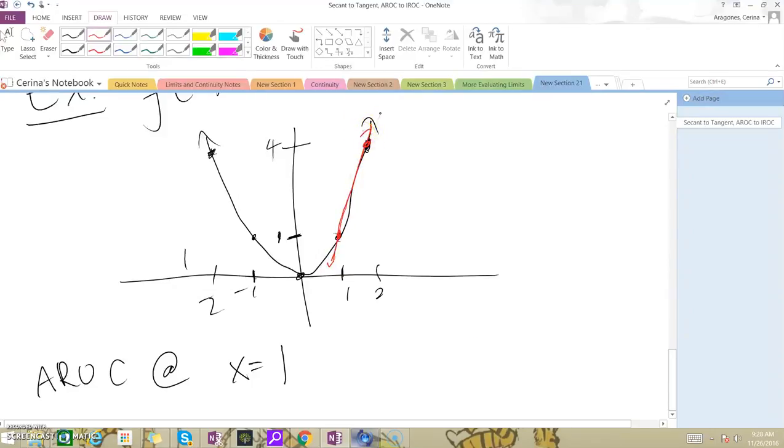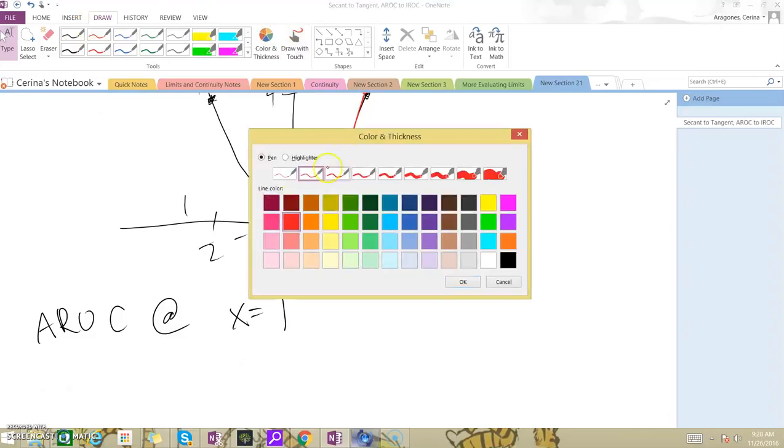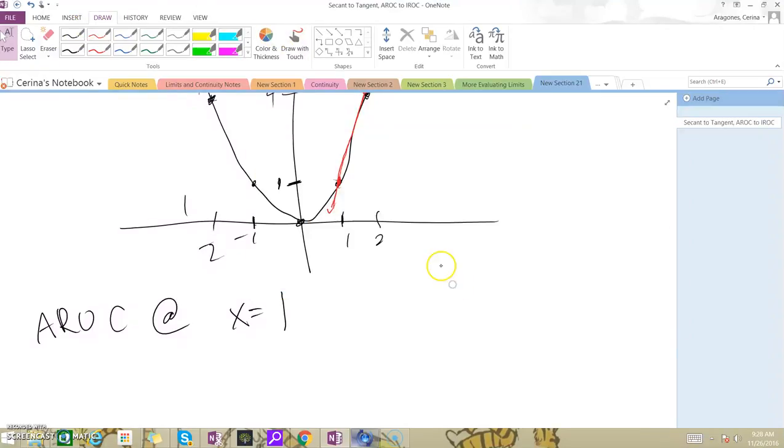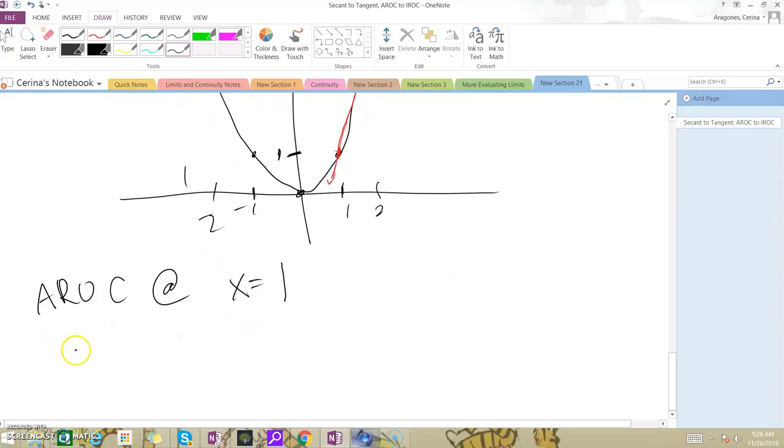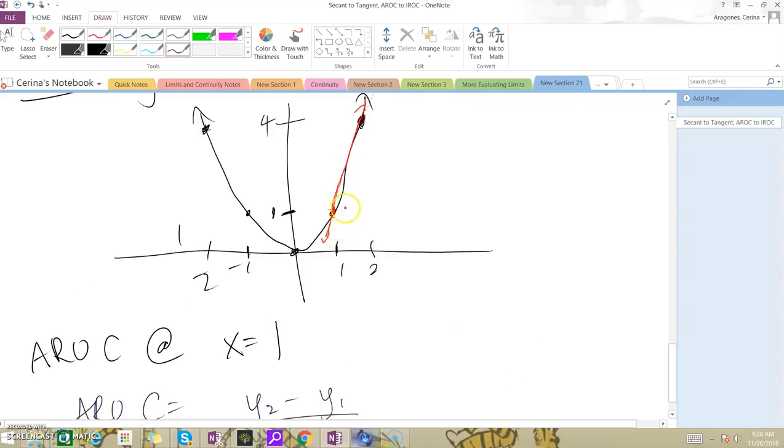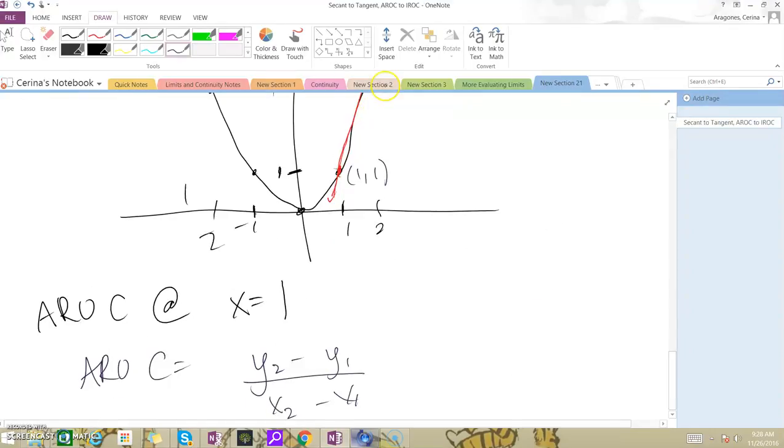And then to find the slope of that, so my secant line, the slope would be the change in y over the change in x. Okay? So my point here is at 1, 1. My point here is at 2, 4.